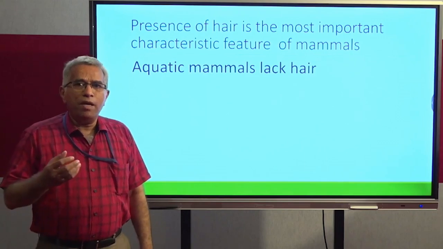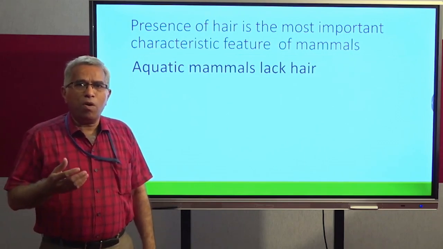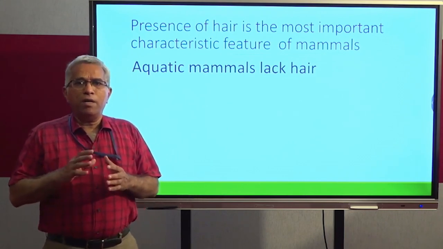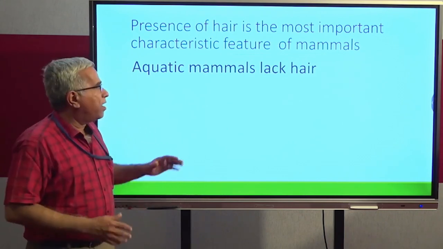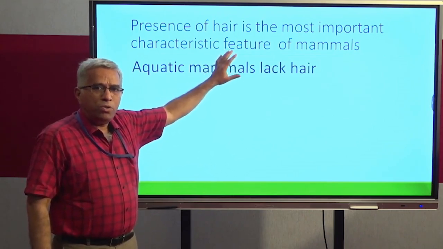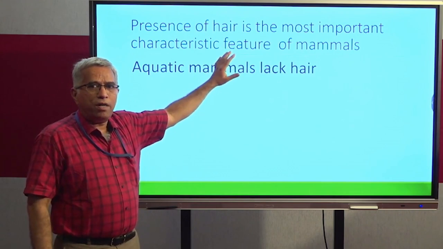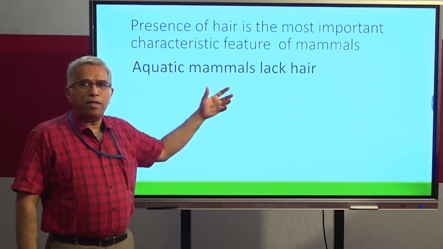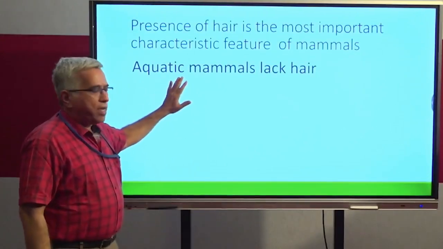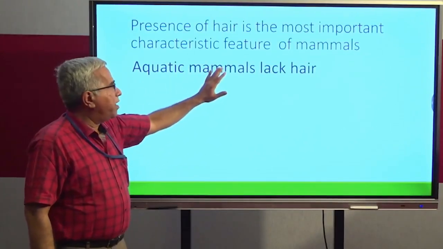Sometimes there may be embryonic hair, which is also called lanugo hair. You might have seen many mammals totally covered by hair, and this hair is a thermo insulator. That means it prevents heat loss from the body. And aquatic mammals, as I already told, lack hair.